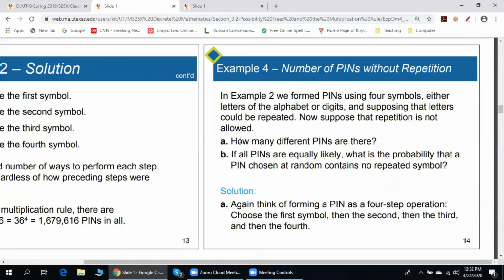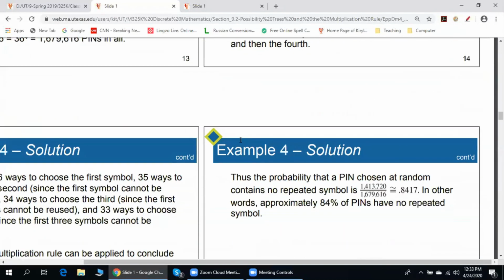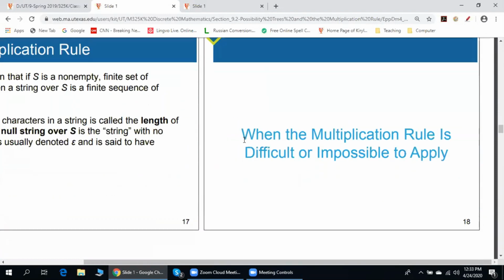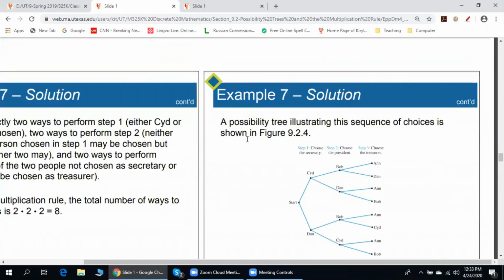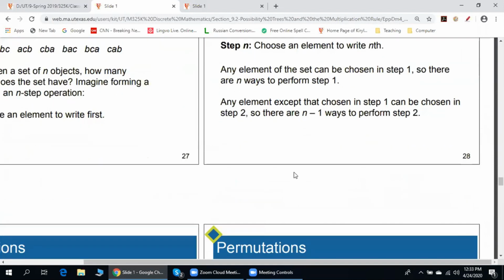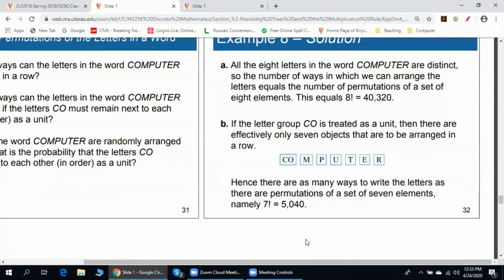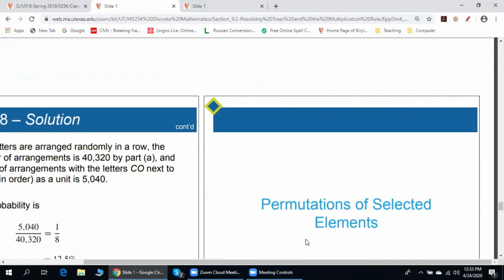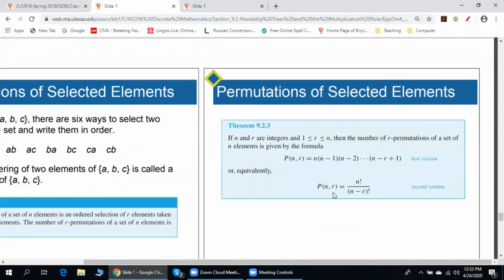Was the last probability like 36 times 35 times those last two? Is that a permutation? Yes, it is a permutation. We will discuss it, but this is a so-called r-permutation.